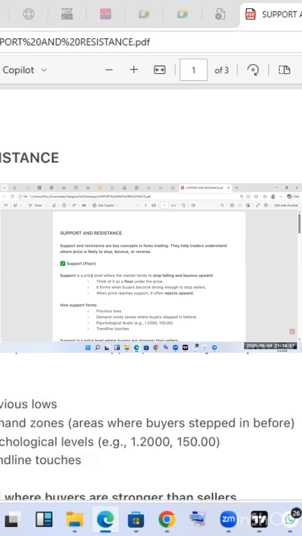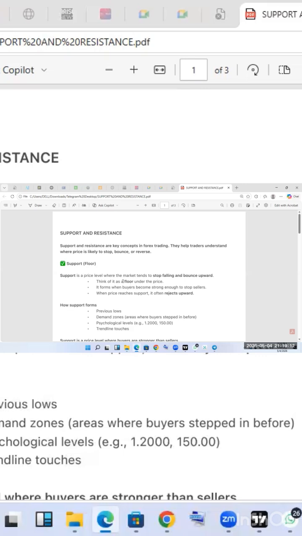So support is a price level where the market tends to stop falling and bounce upward. Let me just explain this now. Let's say price was coming from the roof, then price gets to the floor.